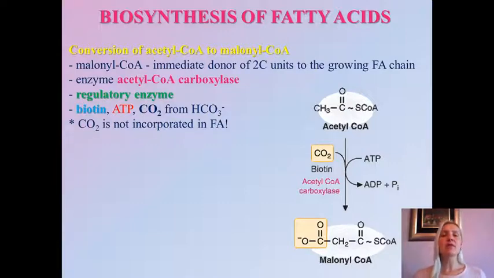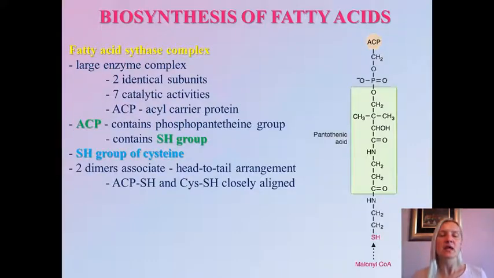So now that we have cytosolic acetyl coenzyme A, we have malonyl coenzyme A, we have NADPH coenzyme, so we have all the ingredients needed for the biosynthesis of fatty acids, so we can start with the steps of biosynthesis. The biosynthesis of fatty acid is completed by a complex enzyme which is called fatty acid synthase complex.